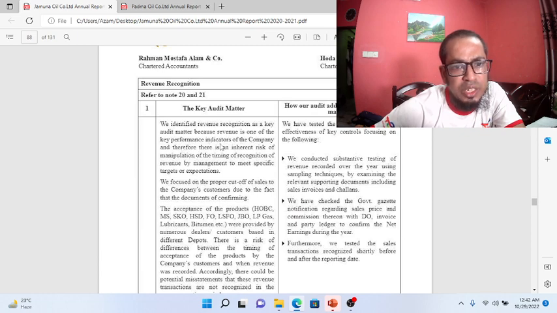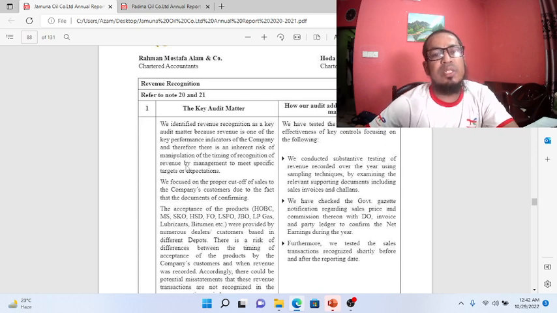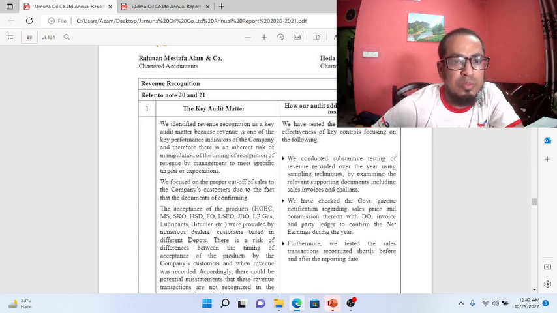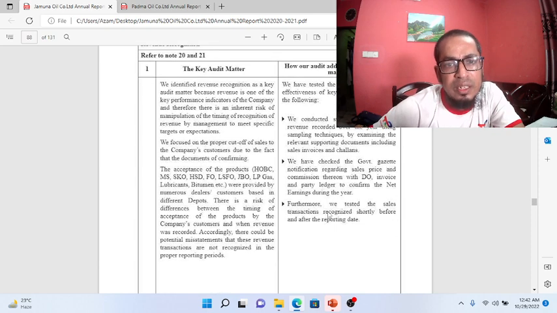Revenue is one of the key performance indicators of the company, and therefore there are inherent risks of manipulation of the timing of revenue recognition by the management to meet specific targets or expectations. This is a big issue for revenue recognition. So this is the key audit matter, and how the matter was addressed by the auditor was discussed and given by the auditor.